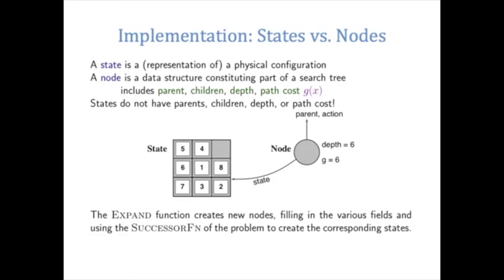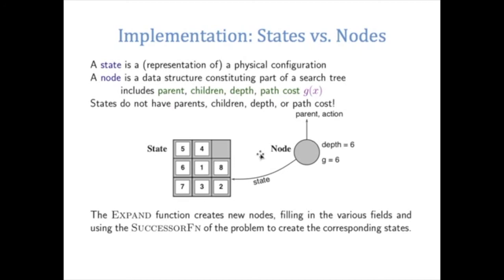So in terms of the 8 puzzle, here's a state of the 8 puzzle, a particular arrangement, and it corresponds to a node in our implementation that might, say, have a depth of 6. It has a cost of 6 because for the 8 puzzle, the cost of each action is a unit cost. It has a parent node and an action that gets us from the parent to this node, and so forth.